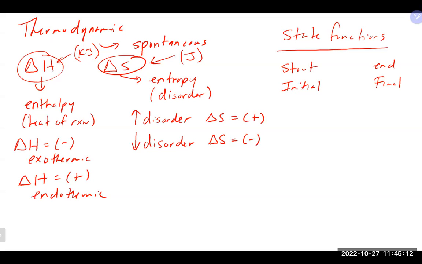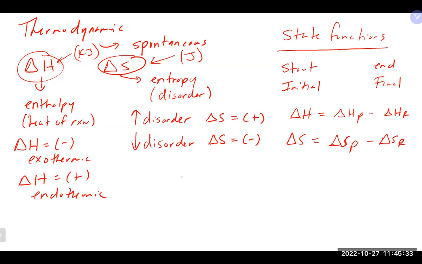That's why when we calculate something like delta H, we take the delta H of the products minus the delta H of the reactants. Same thing with delta S: we can calculate the delta S for a reaction by going to a table and taking the delta S of the products minus the delta S of the reactants.